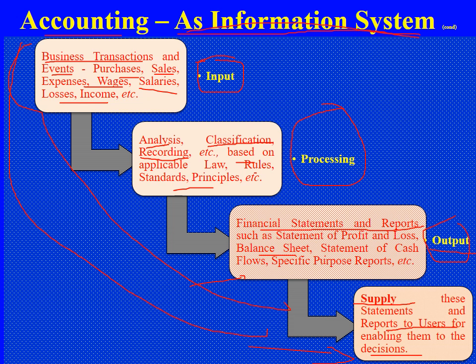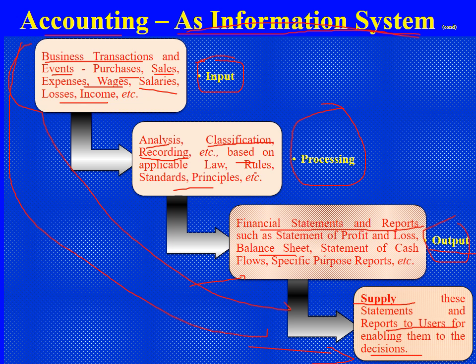So how do they get the output? Output will be in terms of financial statements and reports. So we will have the statement of P&L account, the statement of financial position at the beginning and end, that is the balance sheet, then the statement of cash flow and notes to reports.